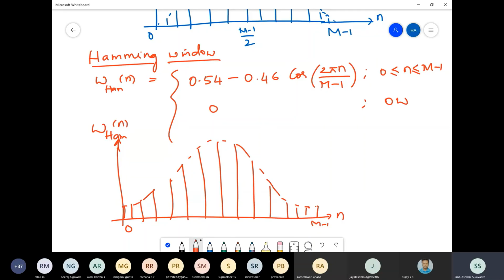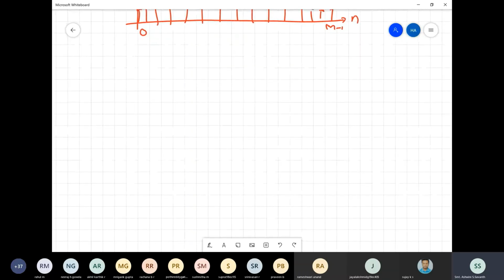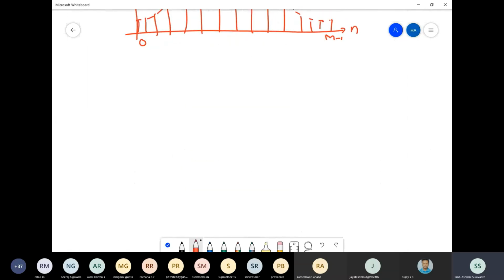Then the next window is the Hanning window, H-A-N-N-I-N-G.